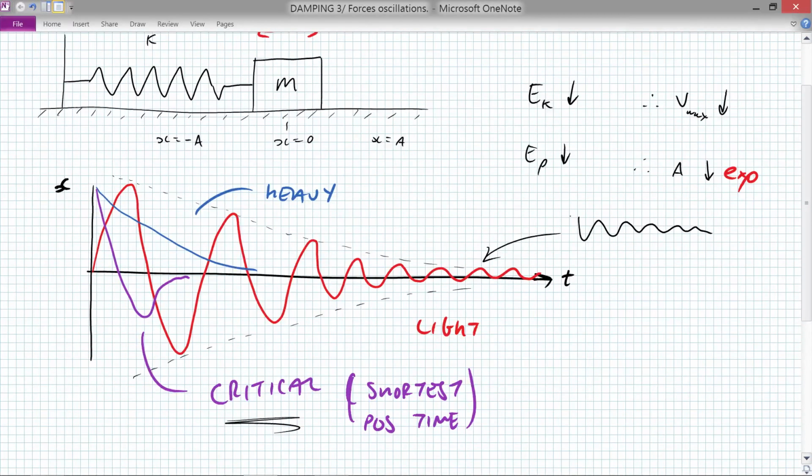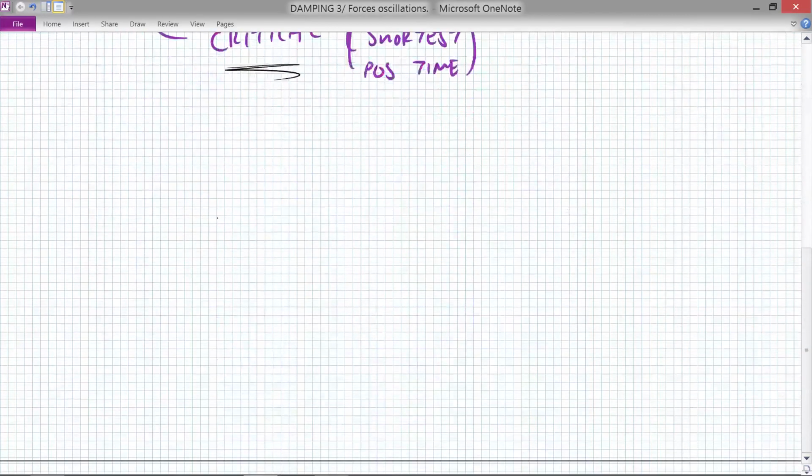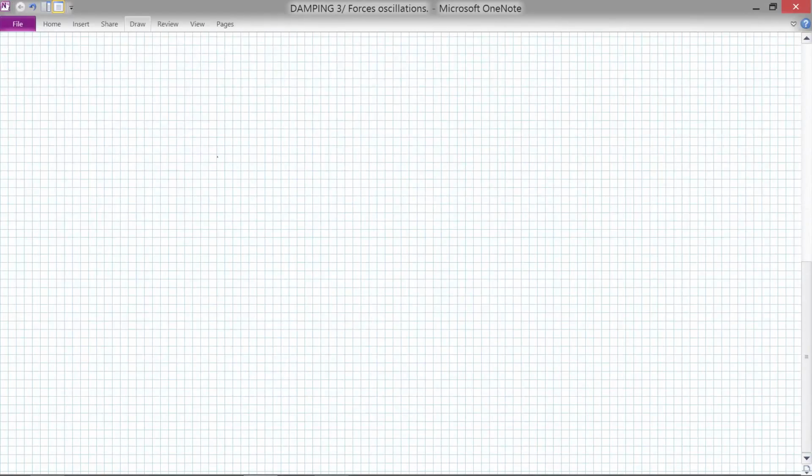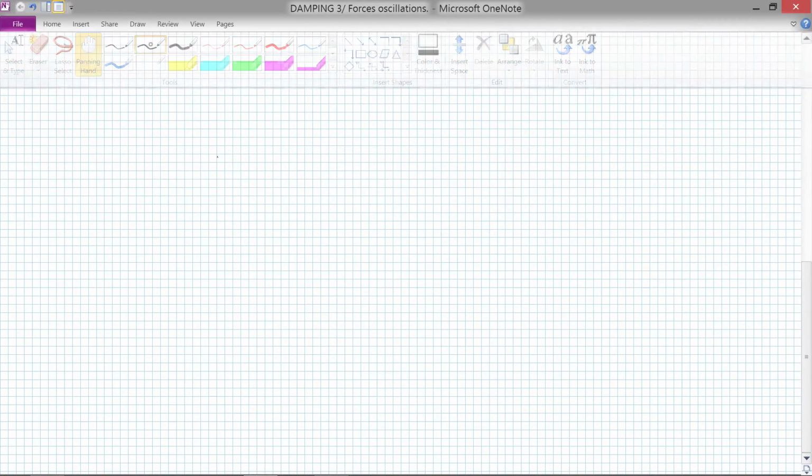It overshoots equilibrium, which you might consider a bad thing, but in doing so, it can get down to 0, so completely stop in the quickest possible time. Heavy damping obviously is quick, but not as quick as critical, and then light damping usually is much longer because it oscillates back and forth. Okay, so that is damping.